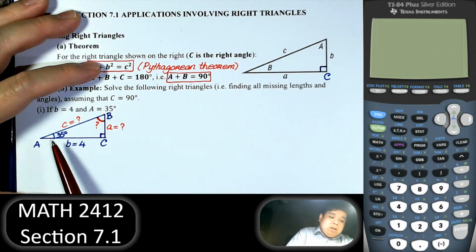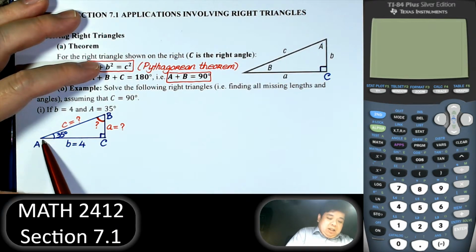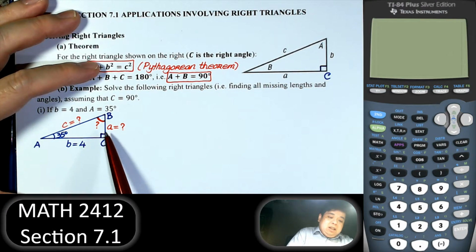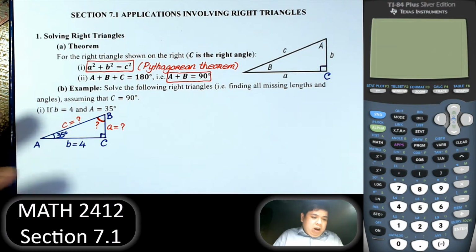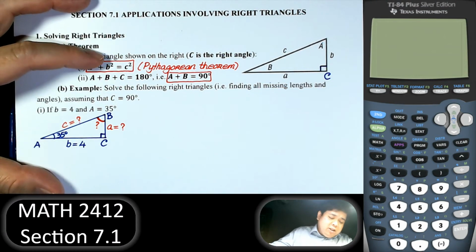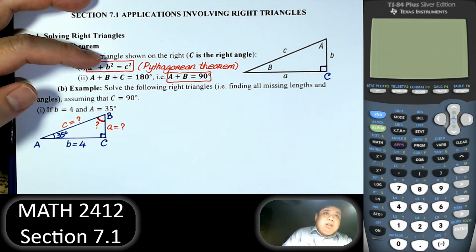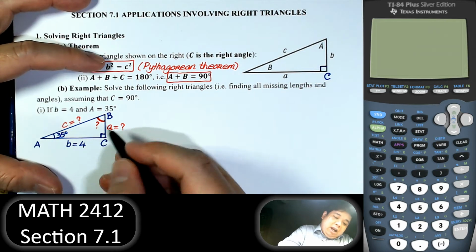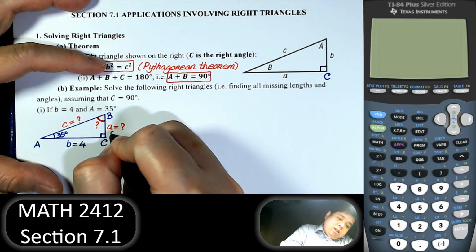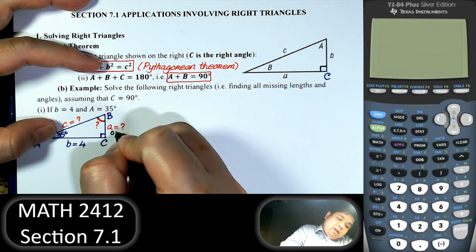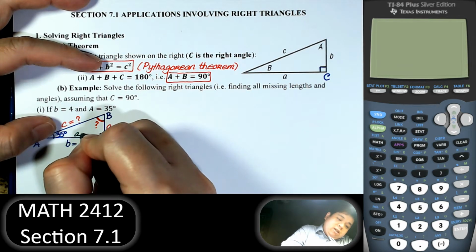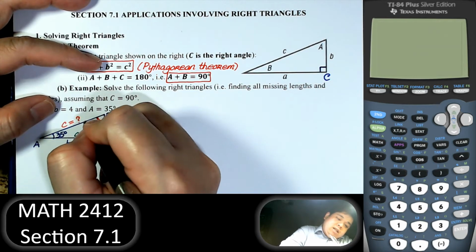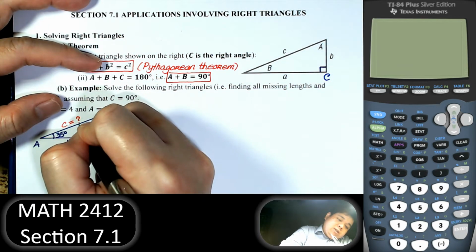What we do know is angle A, side b, and C is 90 degrees, which is given. With respect to the 35 degree angle, a is opposite to angle A, b is adjacent, and c is the hypotenuse.